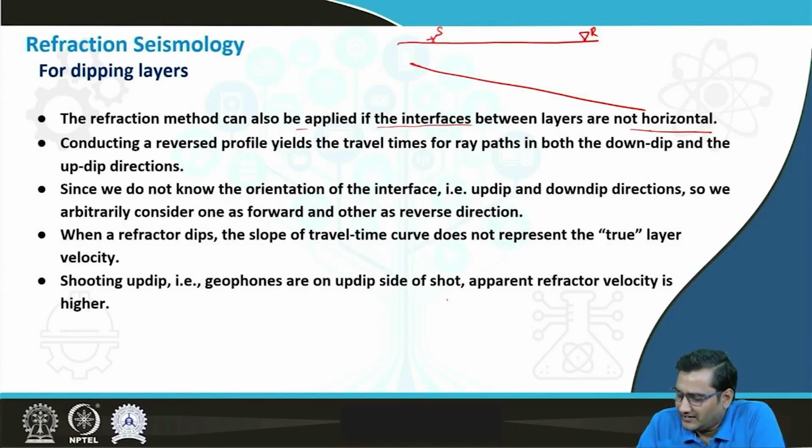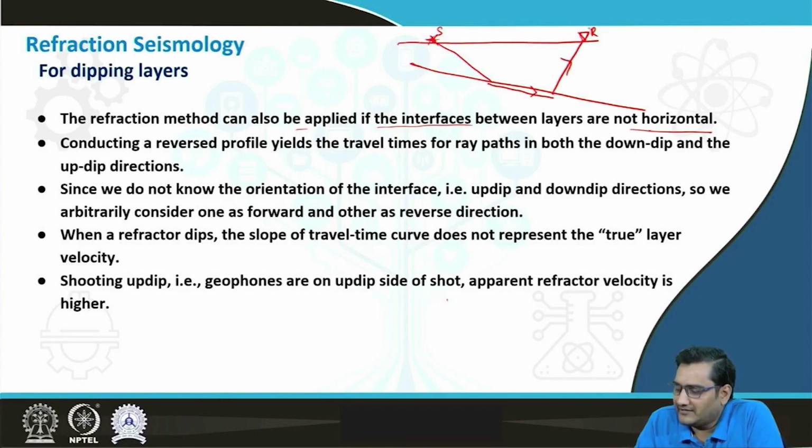If we conduct our survey keeping the source somewhere over here and the receiver in this direction, then we can say that this direction is the forward profile, and the waves will go like this and be recorded over here.